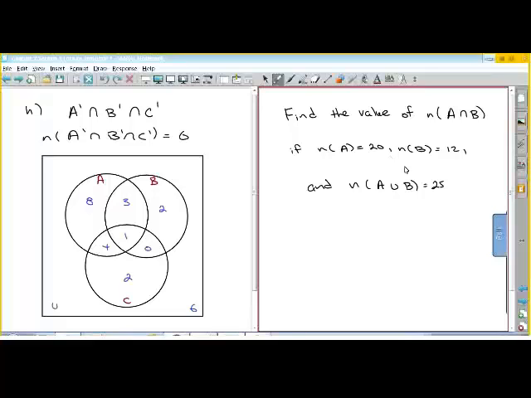Okay, so this is just an example. There's a couple problems where you use the formula. The difference here is they ask you to calculate the number of elements in the intersection. The original formula that we just saw a second ago says the number of elements in A union B is equal to the number of elements in A plus the number of elements in B minus the number of elements in the intersection.